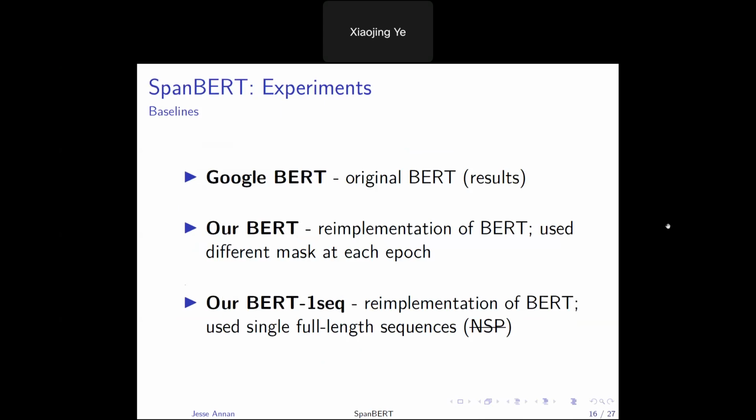So BERT was using a sequence up to, I think, 128. Then they took that restriction off and allowed the model to sample up to 512 length, right? And also in this one, BERT one sequence, they took out the next sentence prediction objective.